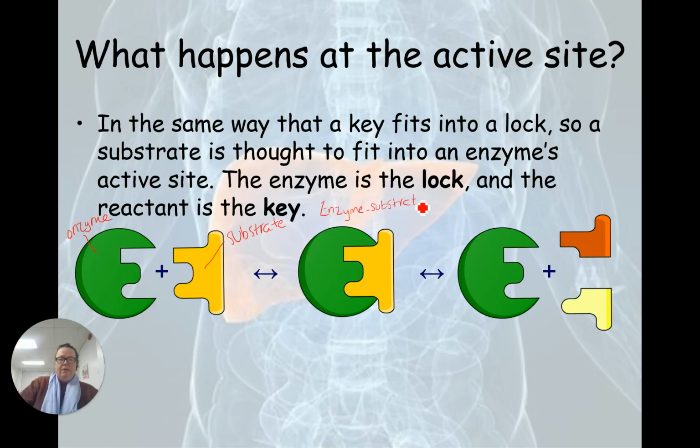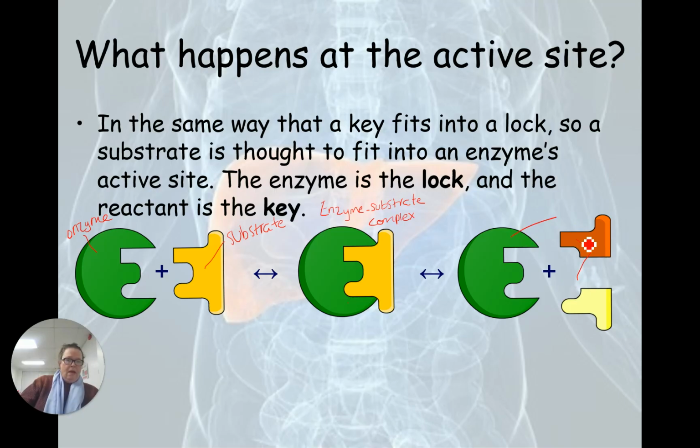So the two things that have locked together. If you can't remember that, you can literally say the enzyme and the substrate. So you can say the substrate fits perfectly within the enzyme. If you can't remember enzyme substrate complex, as long as you're saying what happens. And then here's our enzyme again over here.